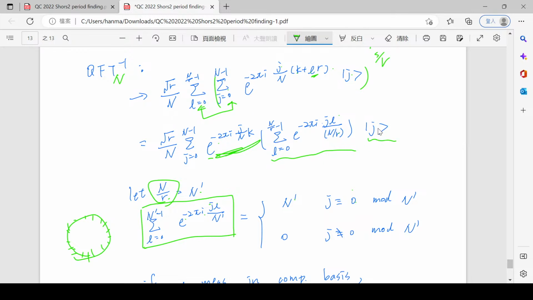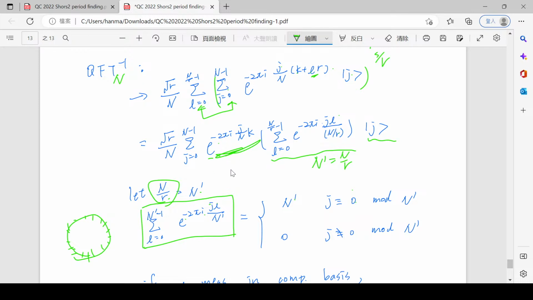The amplitude of each J after you have the sum over here, for the non-trivial J, this part will be n prime, equal to n over r. And we also have this part, this weird e to the 2 pi jk over n. It depends on J, but if you take the absolute value, this is just 1, right? Because it's just some phase. So we do a computational basis measurement, we don't really see this phase.